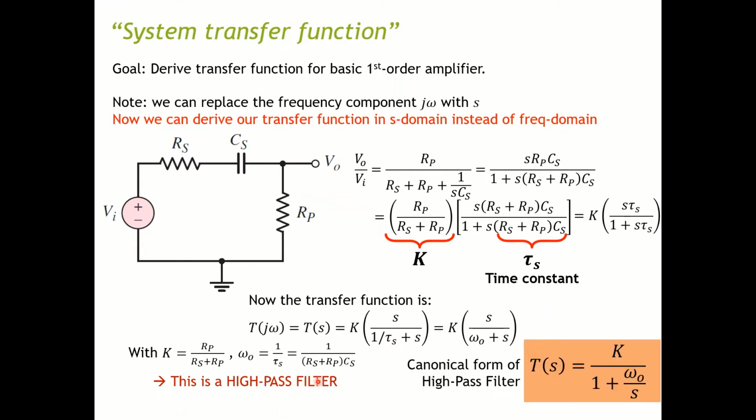You can have a canonical form of this high pass filter: T of s equal to K over 1 plus omega naught over s.